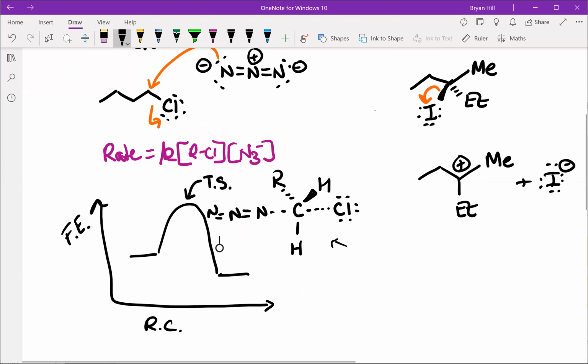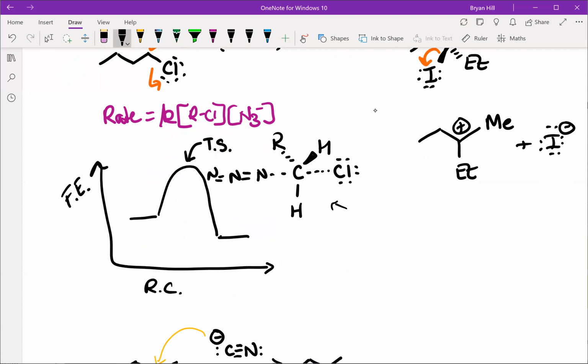And then in the second step, the nucleophile, whatever it would be, would come in and attack, and it can attack from either side.